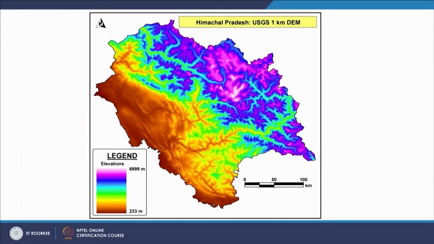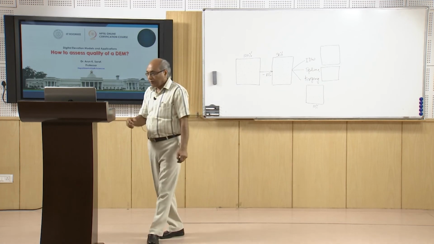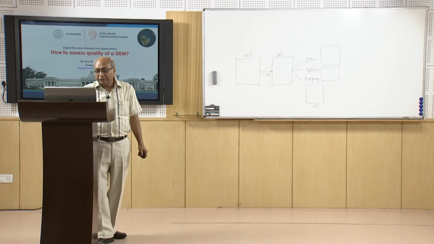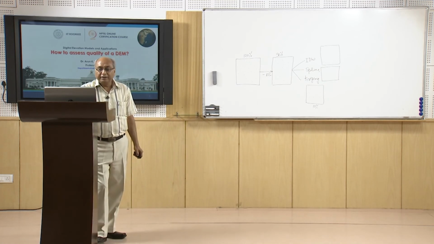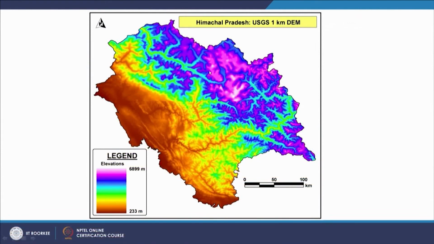Now, one example we have already discussed earlier, but since it comes in this reference: this is a ready-made digital elevation model of 1 kilometer resolution. If we see very carefully, we find that we may get some seams present in such digital elevation models.